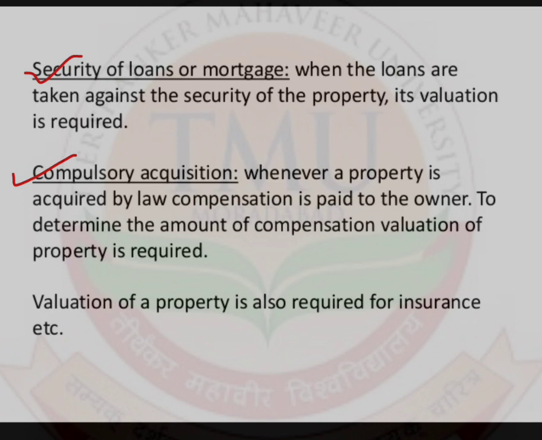So in that case we have to acquire the land, and the landowner has to be compensated. Now how would you compensate, or what money are you going to give to the landowner? It will be based on the valuation of the acquired property.